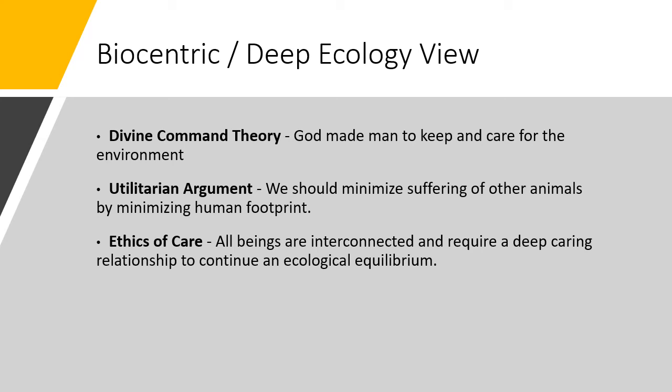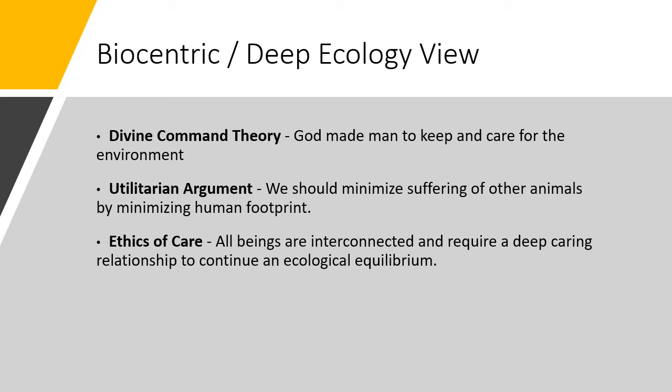And again, because it's a divine command theory, that doesn't just extend to a Christian tradition, but can be found in all the Abrahamic traditions, and it can also be found in a lot of other variations. I think Jainism is a really good example of the biocentric point of view, where they'll use special brushes to make sure they're not destroying the environment as they move through it.